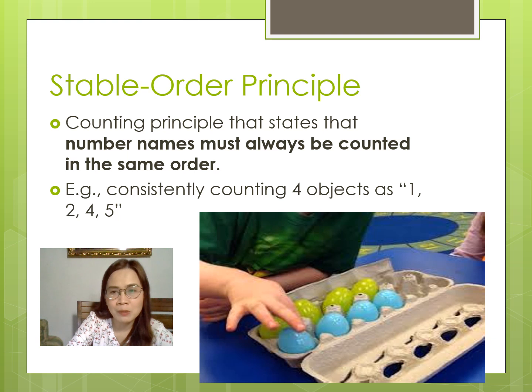Hindi yung magbibilang ng 5, 2, 4, 1. O kaya 1, 4, 5, 2. Hindi ganon. Kumbaga, meron pa rin siyang stability and order. Kaya, stable order principle. So, kapag ganon siya magbilang, sunod-sunod, ascending order, ibig sabihin, unti-unti, nagkakaroon na siya ng skills in numbers. Yan.